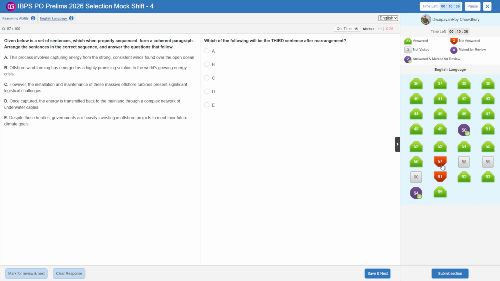Then they're saying that offshore wind farming has emerged as a highly promising solution to the world's growing energy crisis. Yeah, so B to start with.